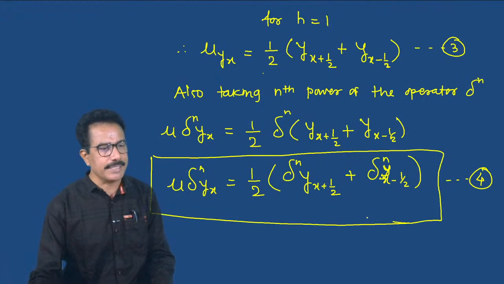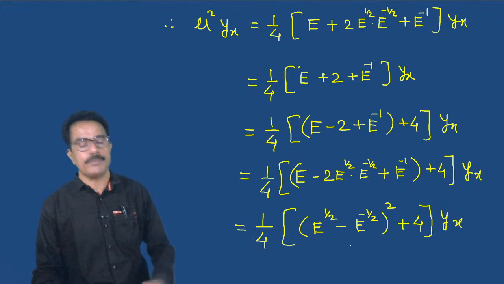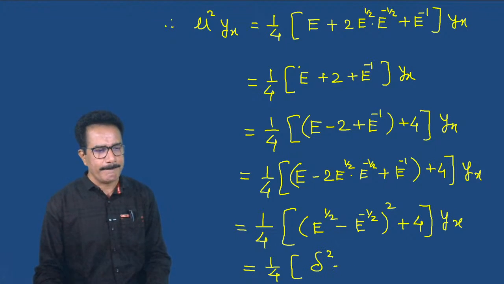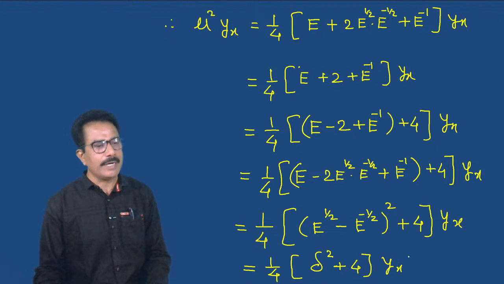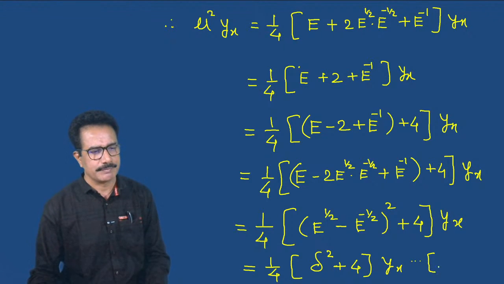तुमच्याकडे आहे पहा, ते दिलेलं आहे पहा. So e raised to 1 by 2 minus e raised to minus 1 by 2, which can be written as 1 by 4 delta square plus 4 of yx. वाटलं तर सिन्स म्हणून लिहा, त्याच्या पुढं सिन्स ब्रॅकेटमध्ये e raised to 1 by 2 minus e raised to minus 1 by 2, which is equals to delta.